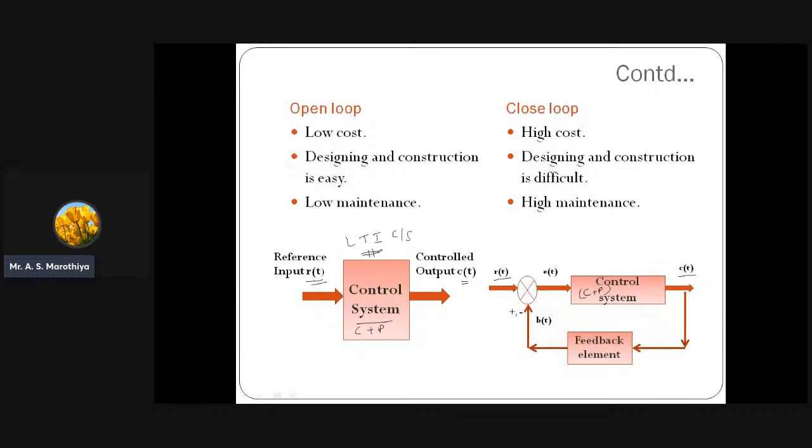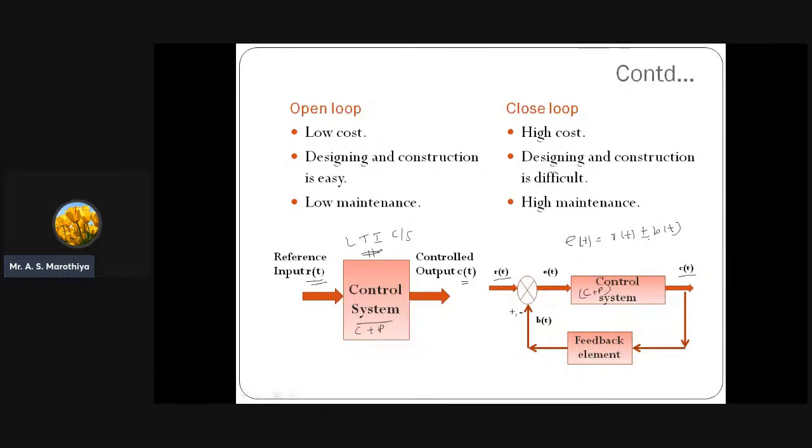Then we have a feedback path element, and depending upon whether we have taken positive feedback or negative feedback, we have a feedback signal, that is B of t, and based on that it generates the error signal, that is E of t. The relationship between error signal with respect to reference signal and feedback signal is E of t equals R of t plus or minus B of t. This is very important.